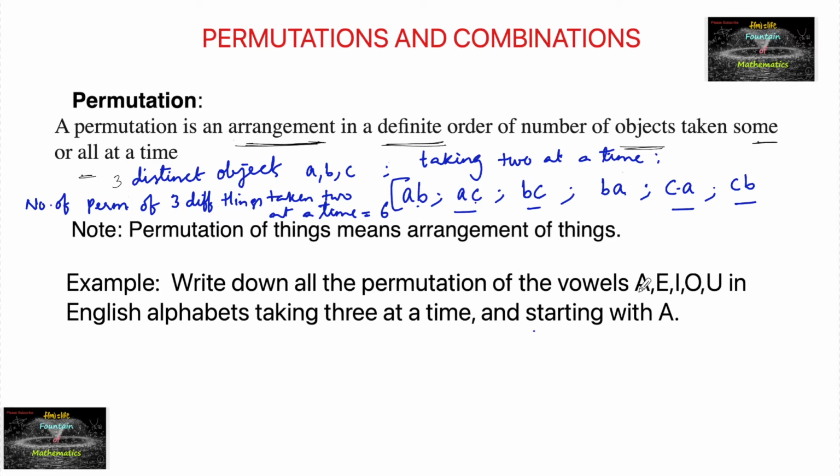There is a condition here, starting with A, because from A, E, I, O, U we can write many different ways. So among them, taking 3 at a time and starting only with A. We want only three things, and it always starts with A only.